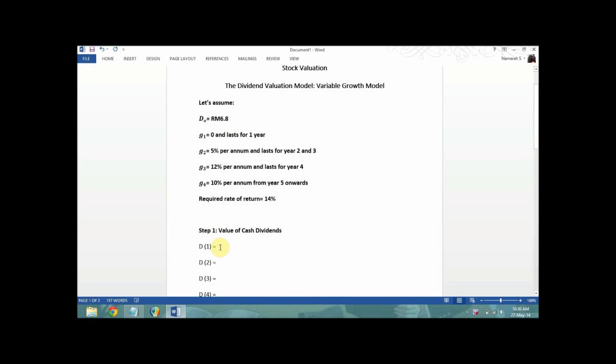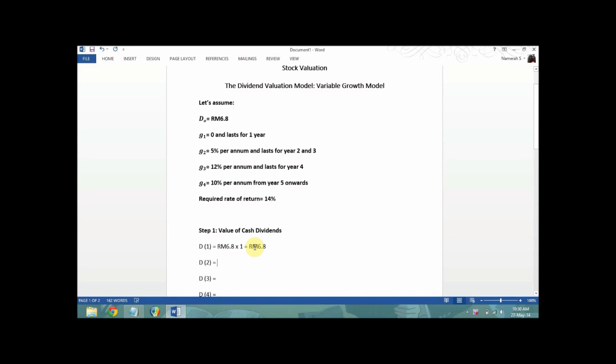Dividend for year 1 is equal to RM 6.8 into 1, which is equal to RM 6.8, because the growth rate for year 1 is 0.